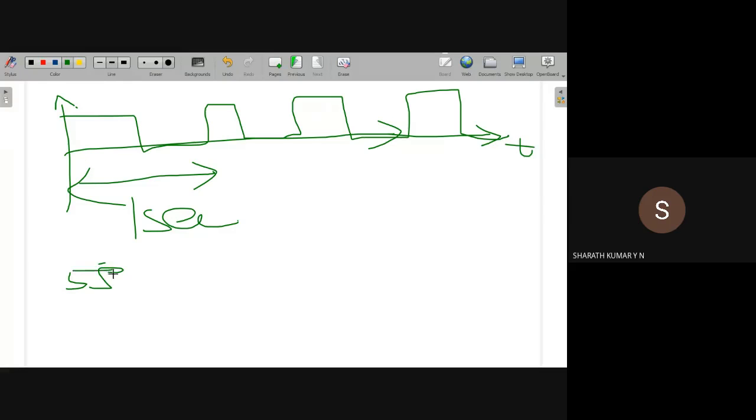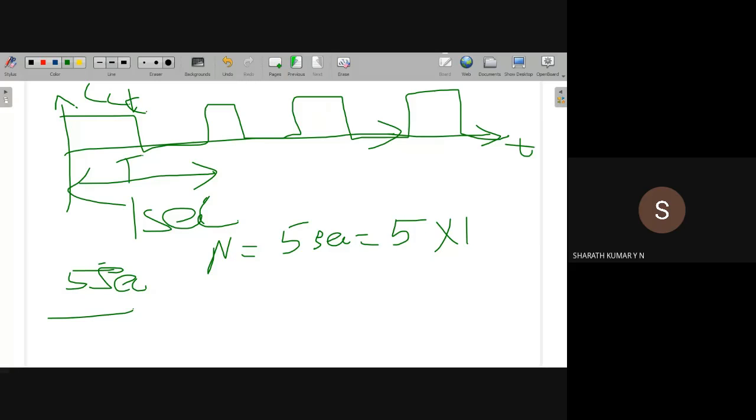This clock pulse has a time period of 1 second. How many clock pulses do I have to count to generate a delay of 5 seconds? I need to count 5 clock pulses, where each clock pulse has a duration of 1 second, to generate a delay of 5 seconds.